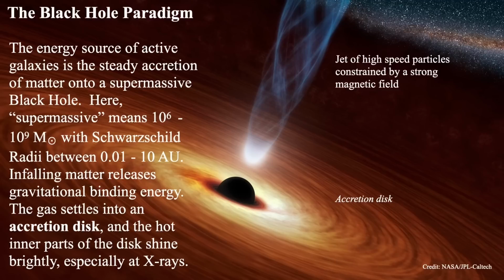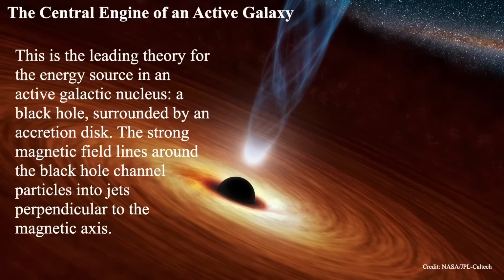Within just about one or two Schwarzschild radii, it falls directly in. That's the leading theory about what powers a galactic nucleus. Also, when it falls in, the accretion disk spins round and round, heating up as it gets closer and closer.